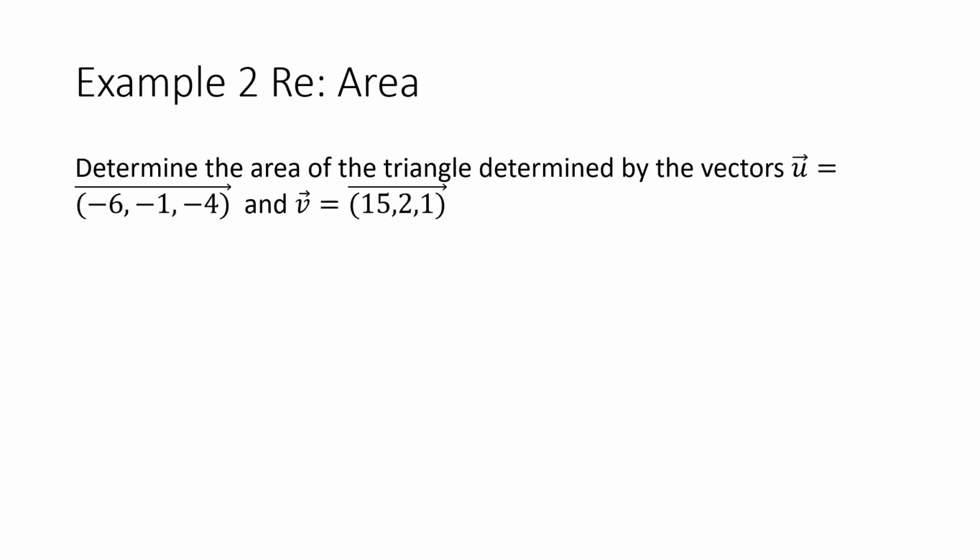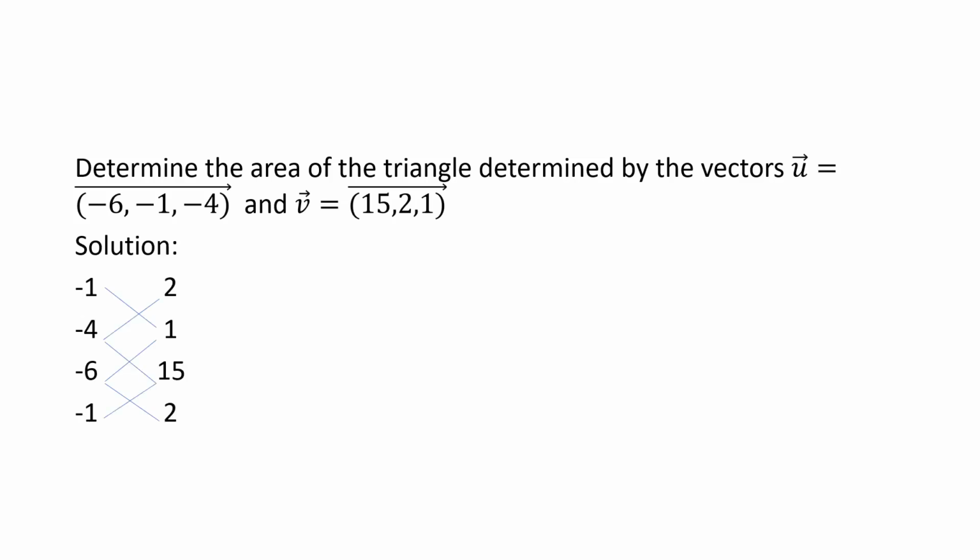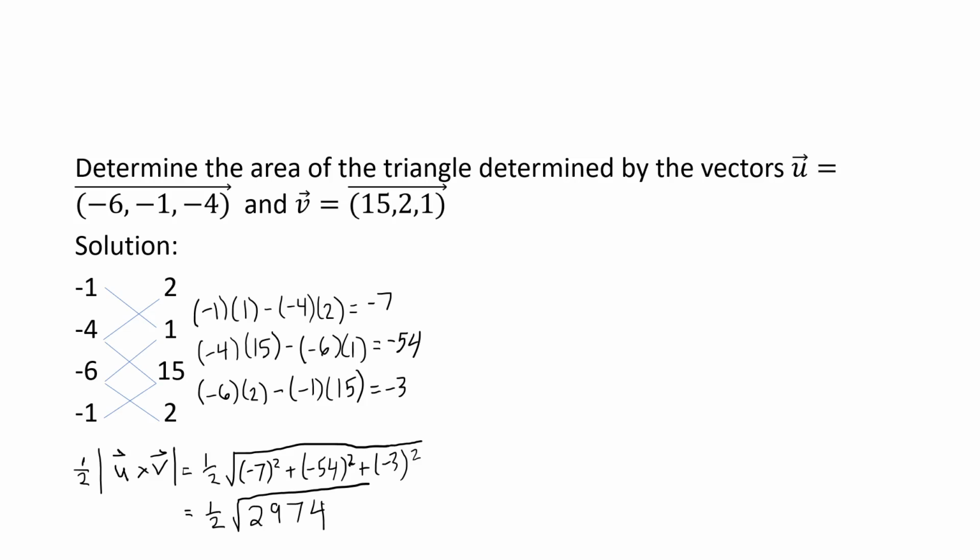So another question might ask us the area of a triangle. Again, just do the cross product. As we've seen how to do, we see that the cross product is -7, -54, -3. We want to determine the magnitude of that vector. The magnitude of that vector is root 2,974.